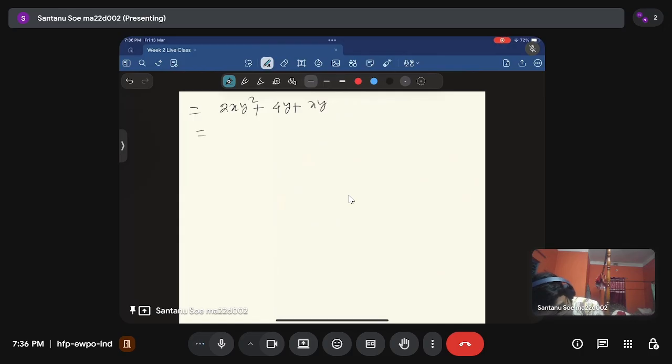So this is 2xy square. So yeah, this is the value.